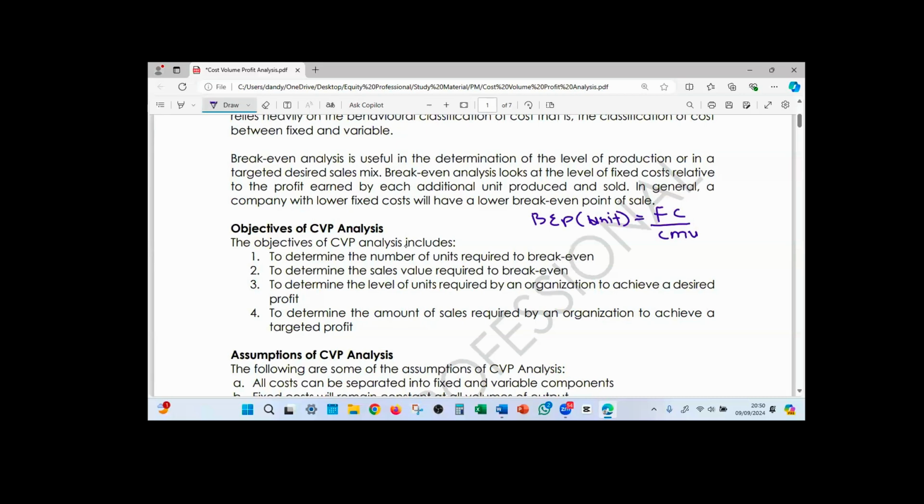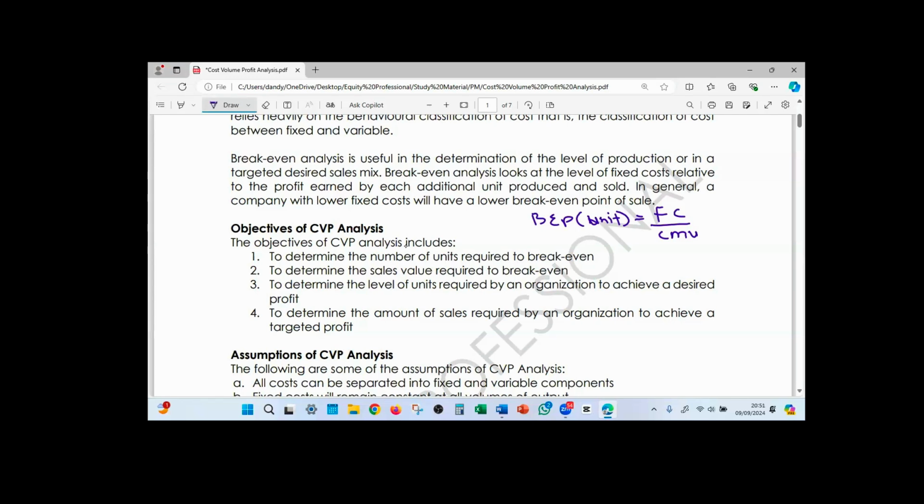Remember, for an organization to be able to earn a profit, you are going to deduct the fixed cost from your contribution margin. And that's why when you are calculating your break-even point, you'll be making reference to fixed cost and the contribution margin or contribution margin ratio, depending on whether you want to calculate break-even points in units or break-even points in naira.